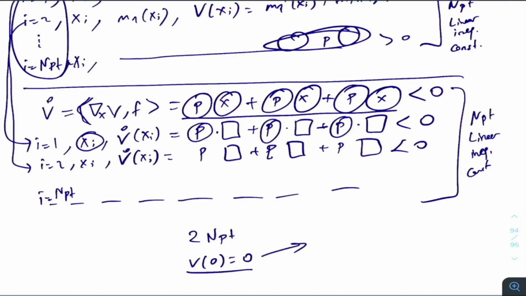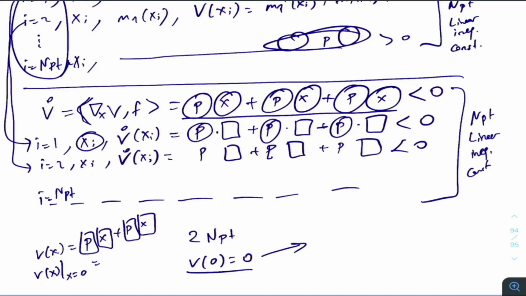For that, let's remember what v of x was: some p term, some x term, plus some p term, some x term. By substituting x equals 0, v of 0 equals 0 is the constraint that you satisfy directly.